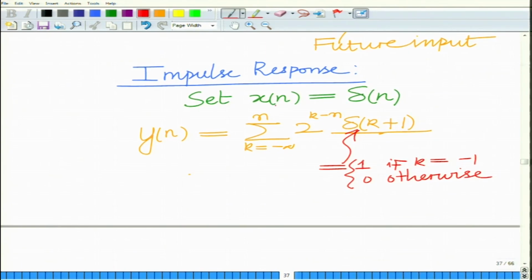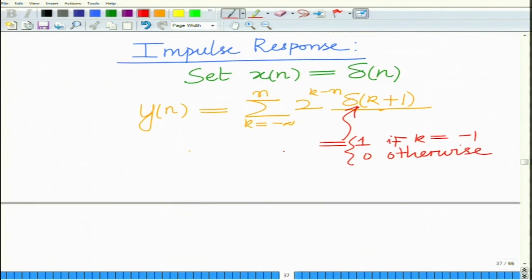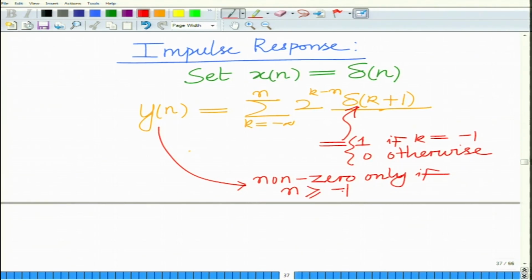So this implies y[n] is non-zero only if n is greater than or equal to minus 1, because we have to have k plus 1 equal to 0, which means k must take the value of minus 1.